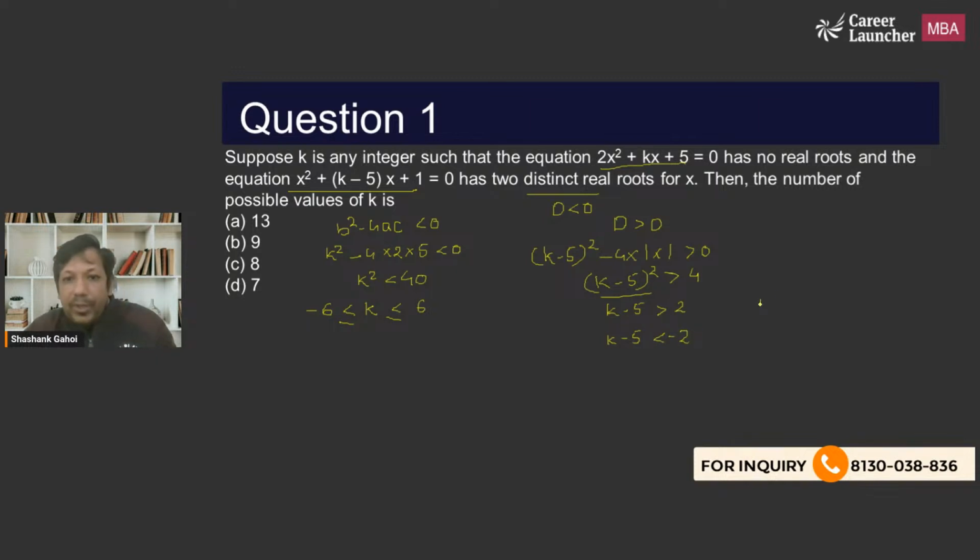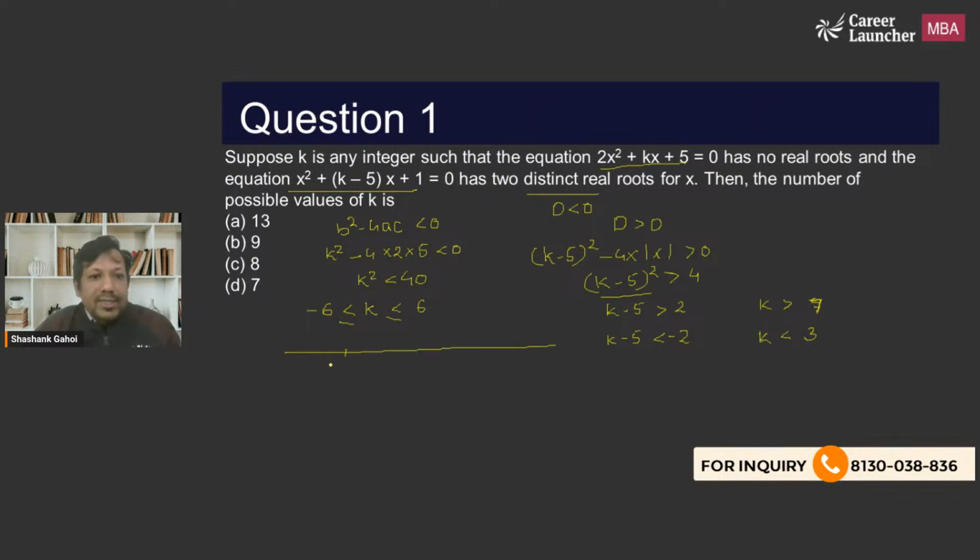Okay. So from here, I can say that k should be greater than how much? 7. Sorry, k should be greater than 7. And from here, I can say k should be less than 3. Okay. Now, I am drawing all the points.